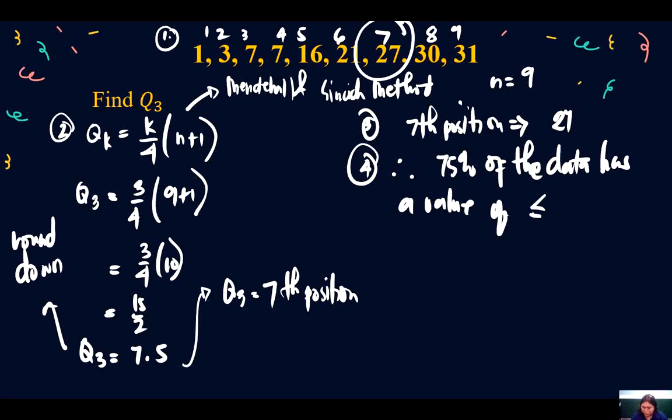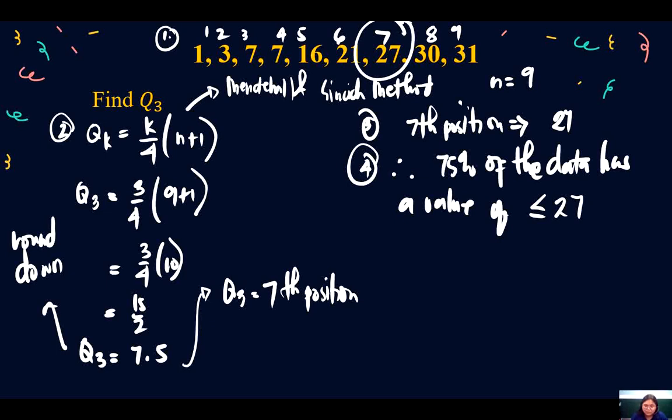Less than or equal 27. Okay po. So, ibig sabihin, your population or the scores of population, your position is 27. Ibig sabihin, 75% of the data has the value of less than or equal 27.